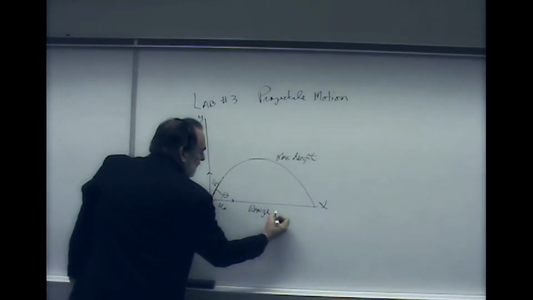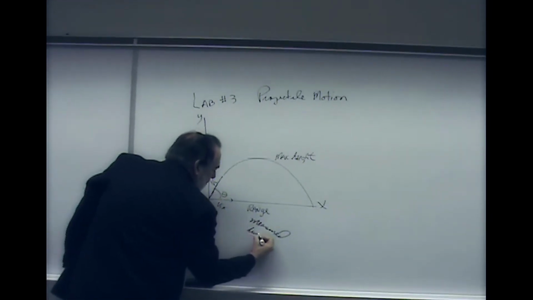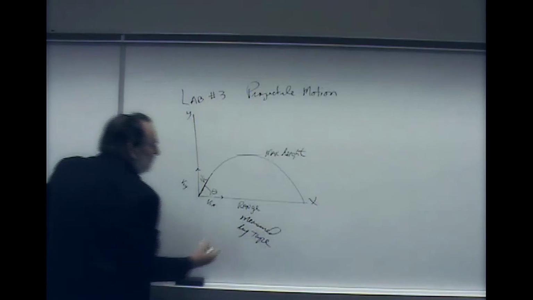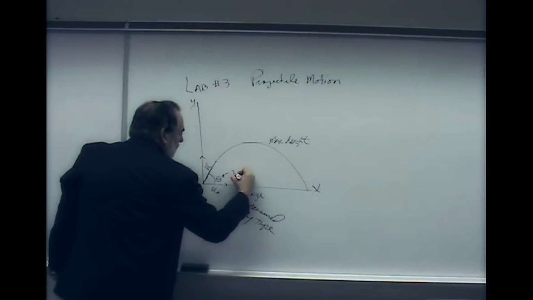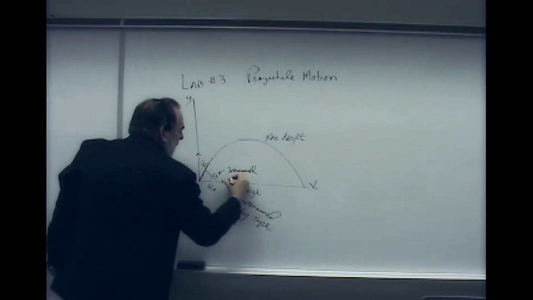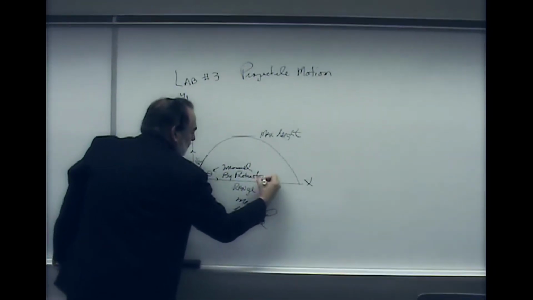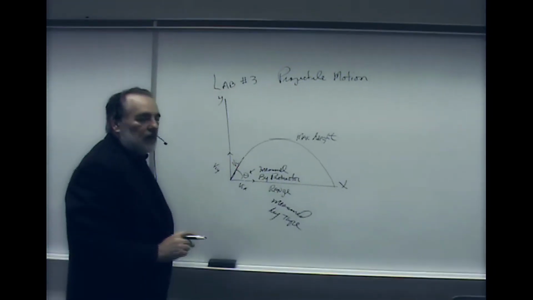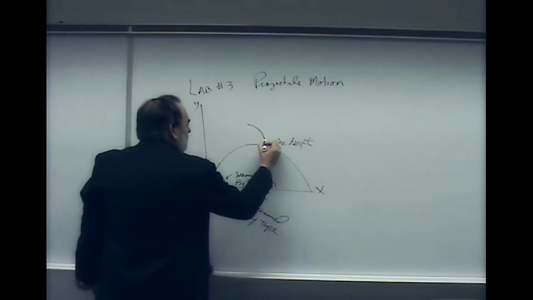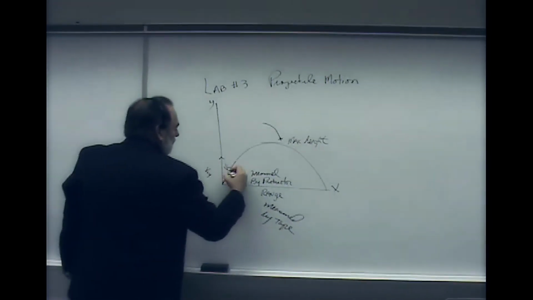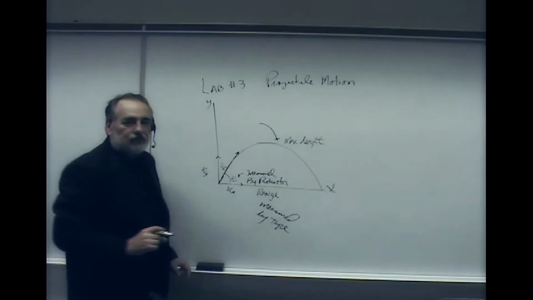Once we know the distance as measured by the tape measure, and we know this angle as measured by protractor, you should be able to use the equations in the book to calculate the maximum height, the velocity initial of the launcher.